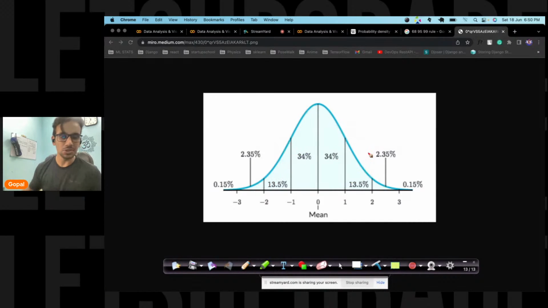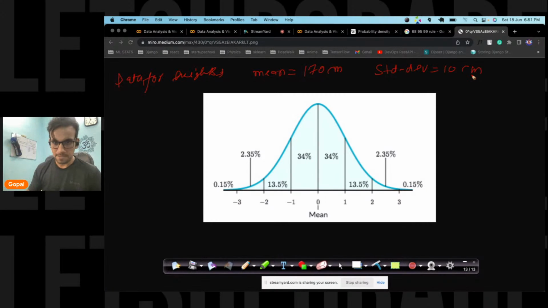But how exactly is it useful? You might argue with me. Let's suppose you have got data for heights, where the mean height is 170 centimeters, and which varies by 10 centimeters up and down.